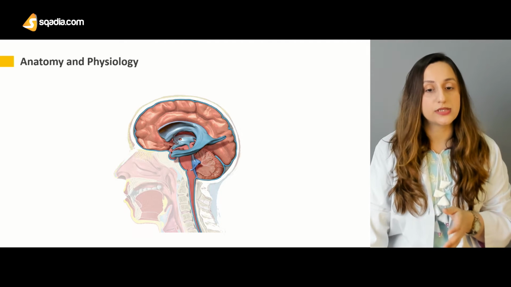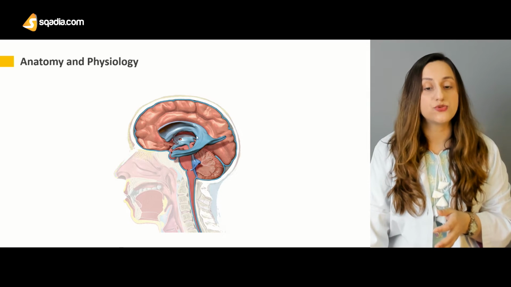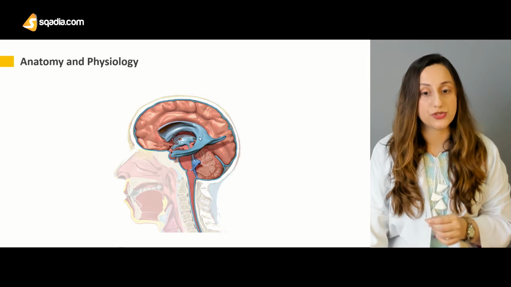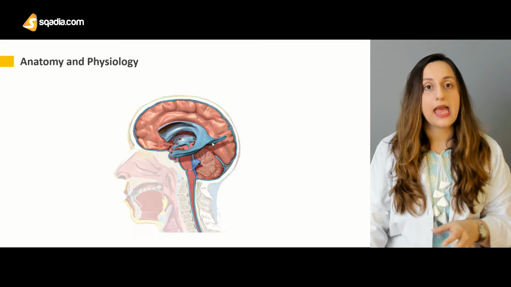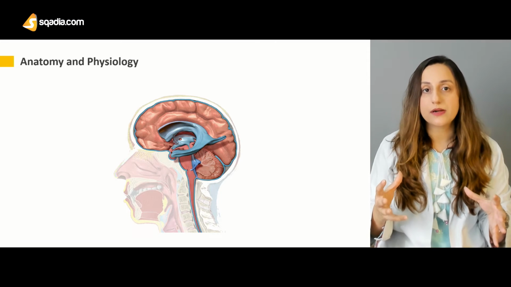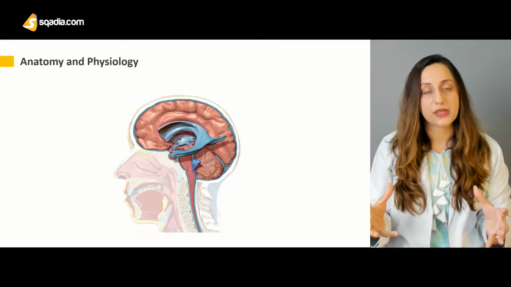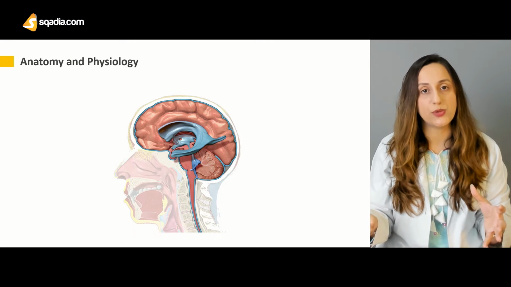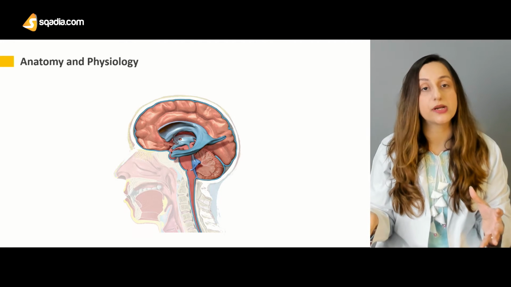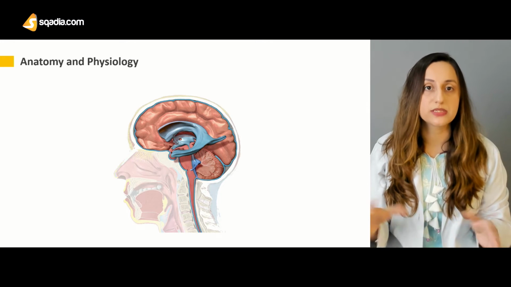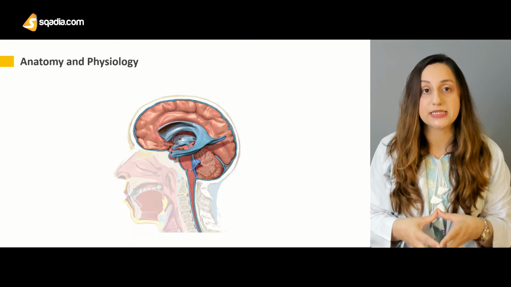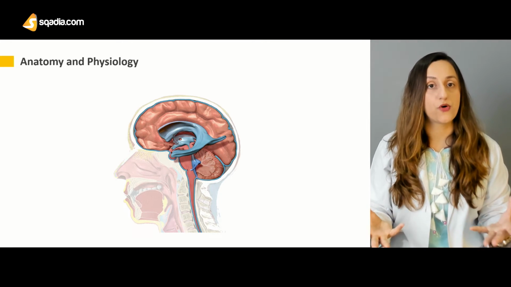All of these horns are the three major parts of the lateral ventricle, and lateral ventricles are the paired ventricles. We have one ventricle situated in the right cerebral hemisphere, and then we have the left cerebral hemisphere lateral ventricle. So this is the only ventricle which is present in paired form in the brain.